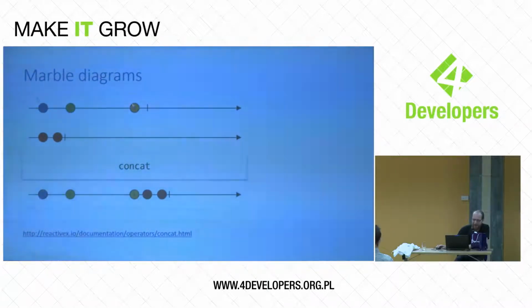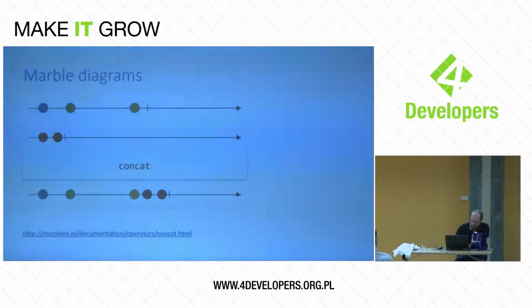At first, it took all the elements from the first sequence, waited for it to complete, and then it also emitted the other 2 elements from the second sequence. So this is the resulting sequence.